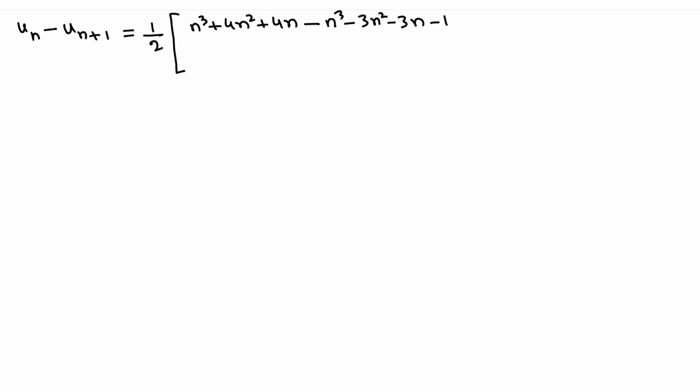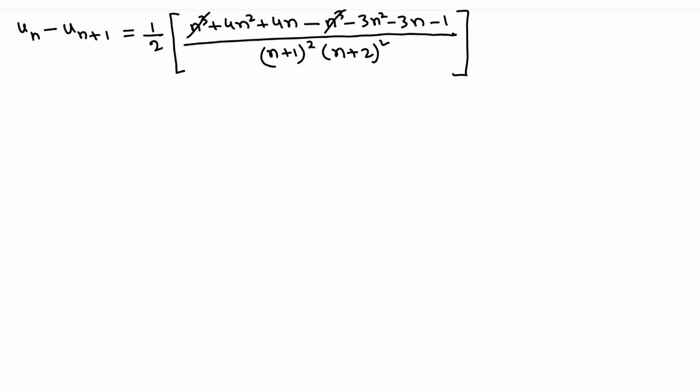Clear? Divided by n plus 1 whole square, n plus 2 whole square. So n cube cancelled, and so this equals half into 4n square minus 3n square, so n square, 4n minus 3n, so plus n, minus 1, divided by n plus 1 whole square into n plus 2 whole square. Now this is the result.